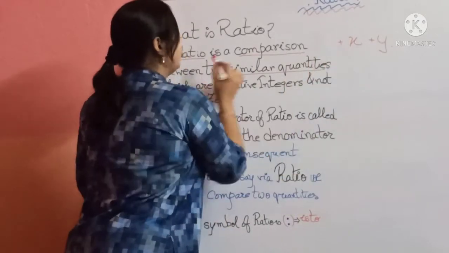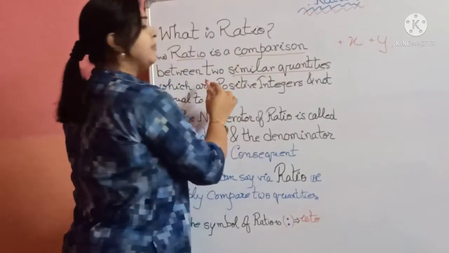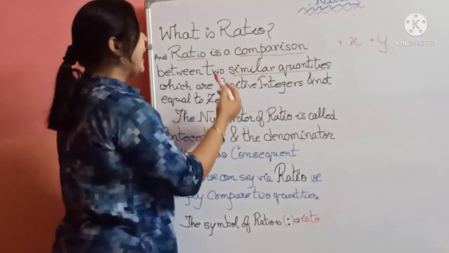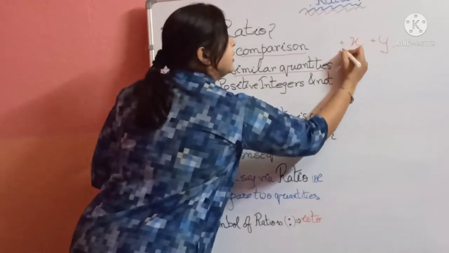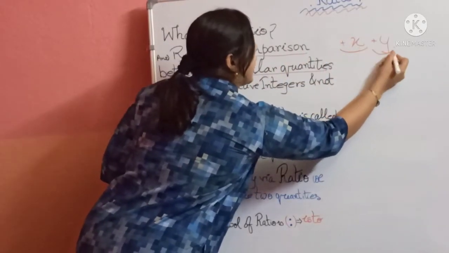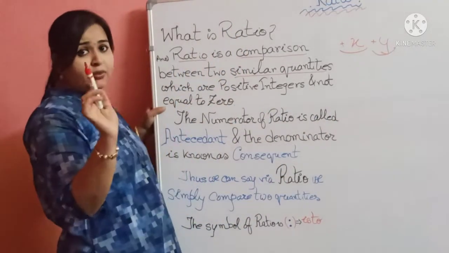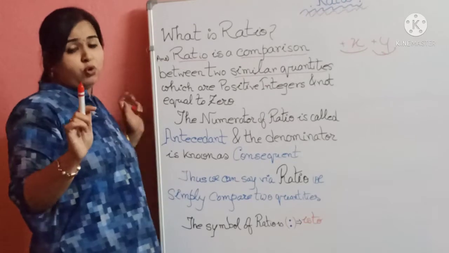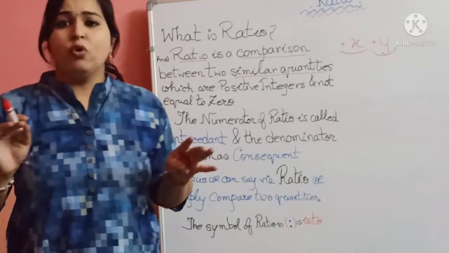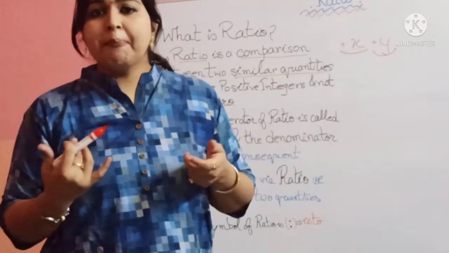So in ratio we do comparison between two similar quantities which are positive integers, and one of them should never be equal to 0. If there is 0, then how will we do the comparison?